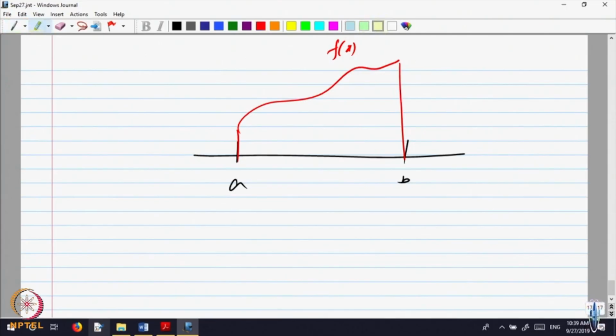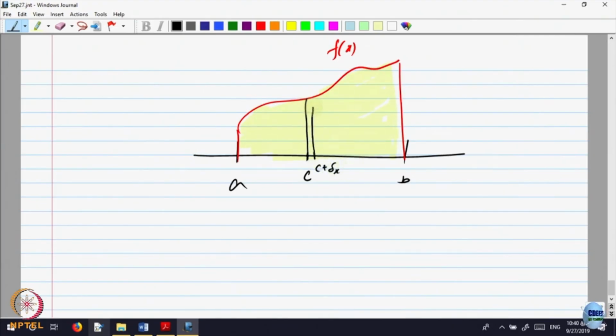Okay. So to capture this area, what you are doing is trying to take upper sums and lower sums and capture it in between. But let me do it this way. Let me take any point, take this height, and take a small nearby point c plus delta x.